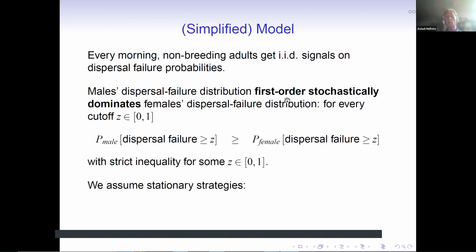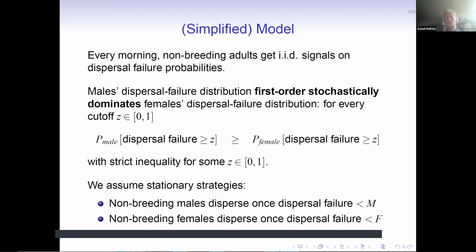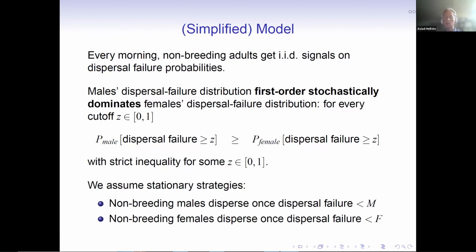What we'd like to look at are cutoff strategies. So I wake up. If my dispersal failure is smaller than this cutoff M, then I disperse.